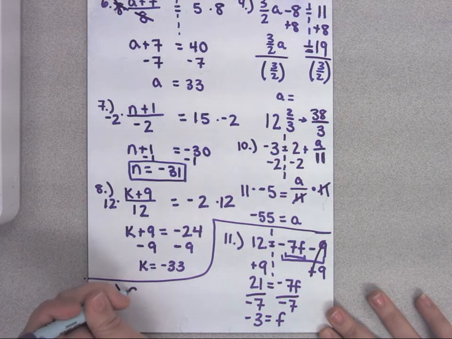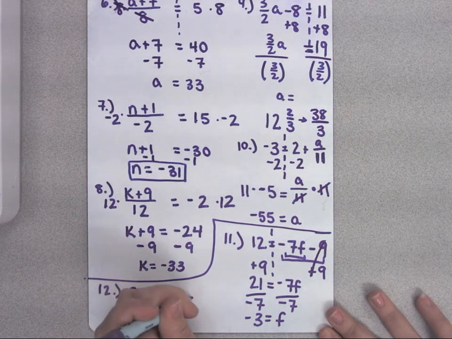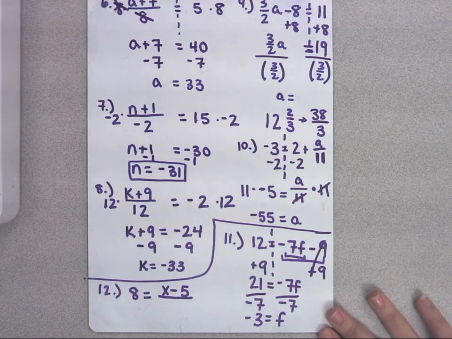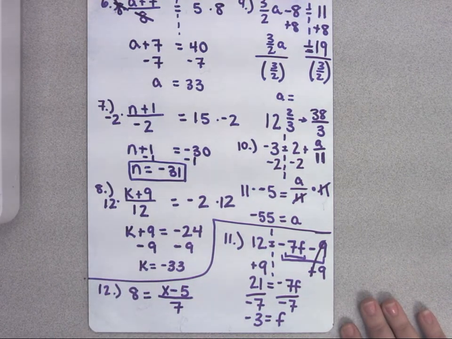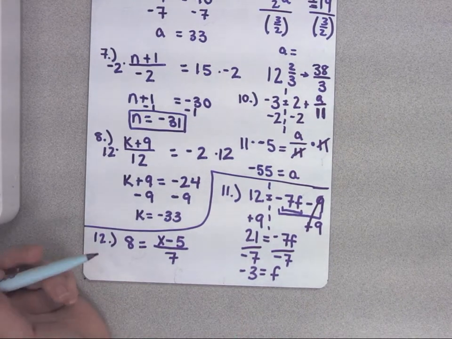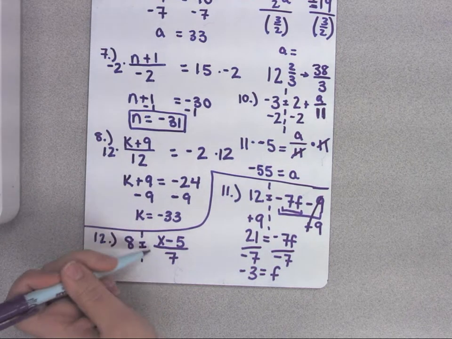Last kind of problem. 8 equals the fraction x minus 5 on the top of the fraction, 7 on the bottom of the fraction. With these ones, you still look at where the variable is, so we're on this side.